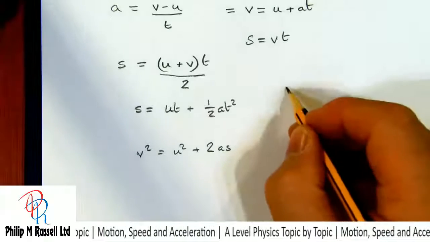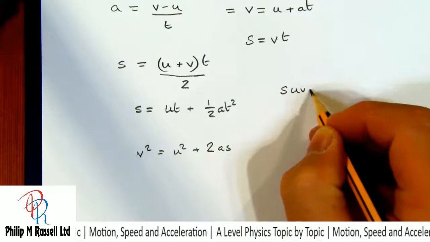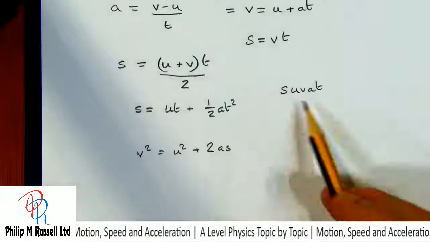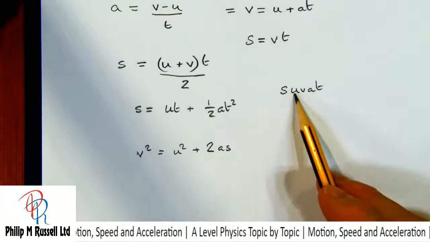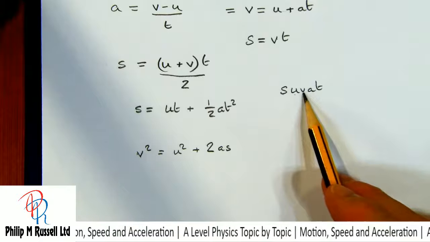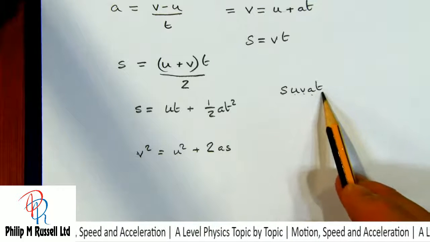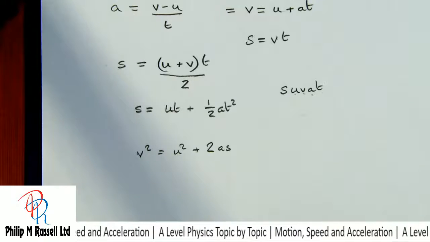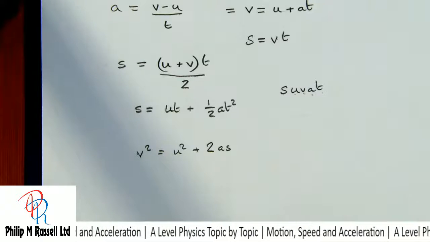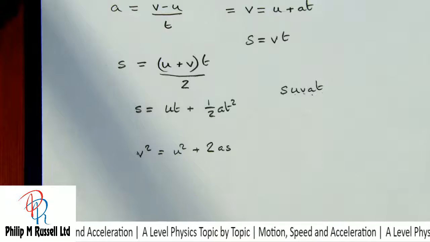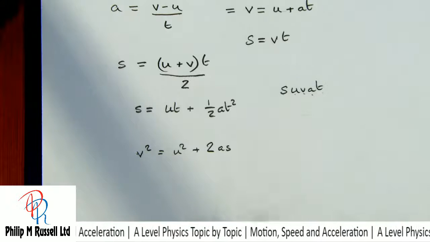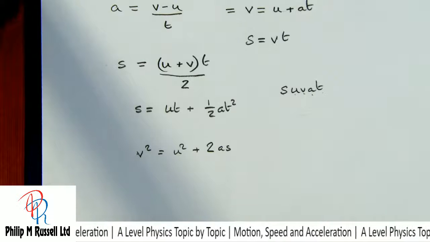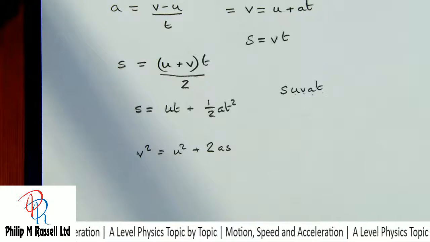And this is SUVAT, because we've got distance, initial velocity, final velocity, acceleration and time. And these give rise to lots of questions that we can actually try and work out, and especially when you come to do mechanics in maths, we can get quite a lot of equations here to play with.